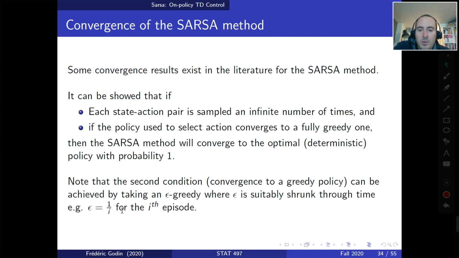One way is to select epsilon equal to 1 over i, where i is the number of the episode you've simulated. Every episode you shrink epsilon, and as the number of episodes tends to infinity, epsilon will converge to 0.